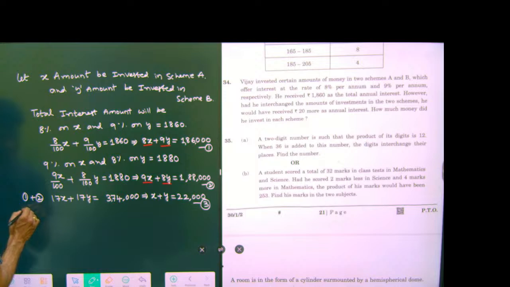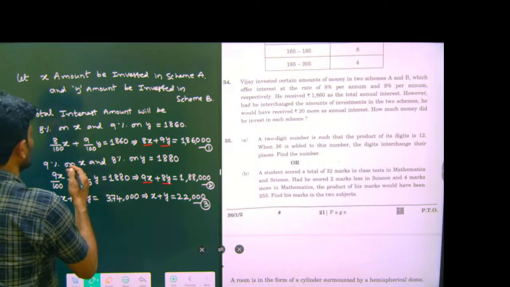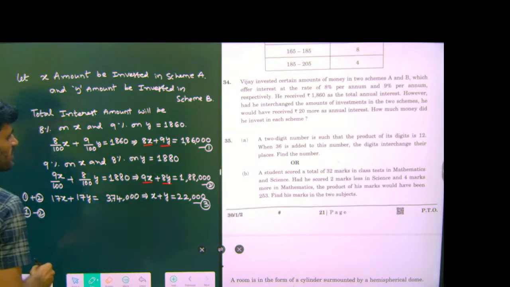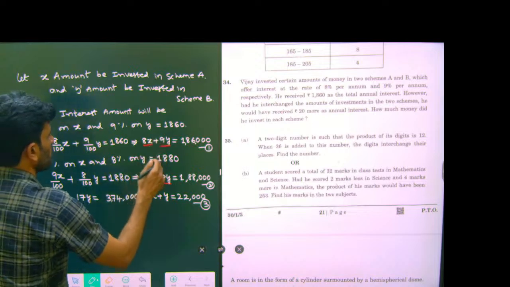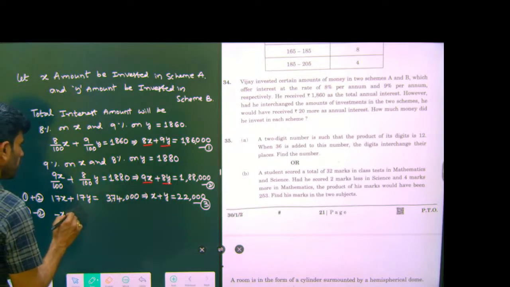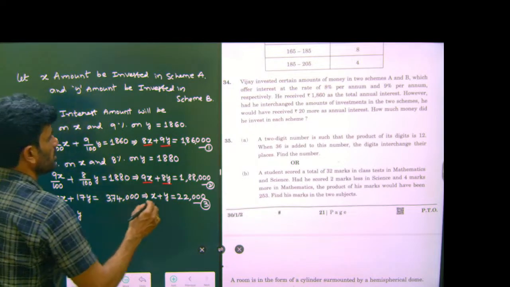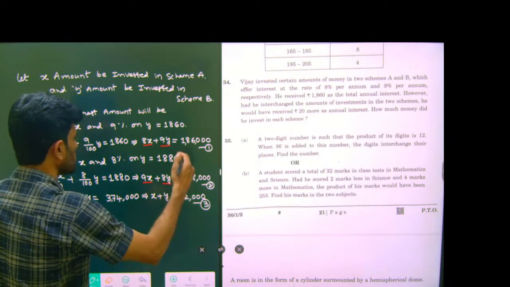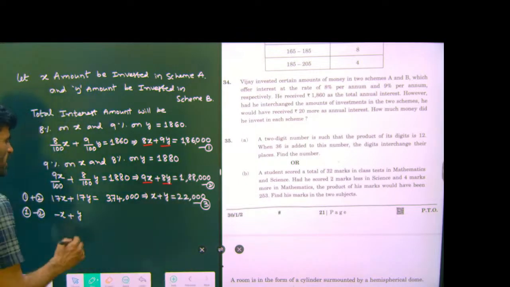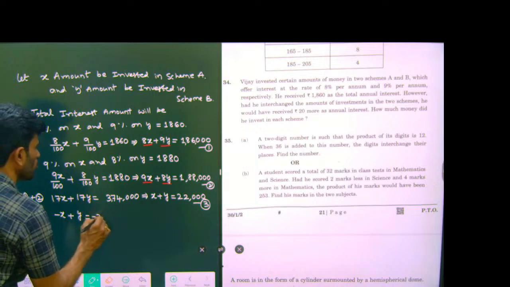Similarly, one more time, equation 1 minus equation 2. We have to subtract these two: 8 minus 9 for x, then 9 minus 8 for y. Here 1,86,000 minus 1,88,000, that is 186 minus 188, gives minus 2,000.